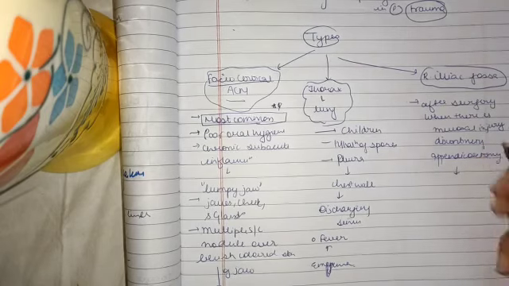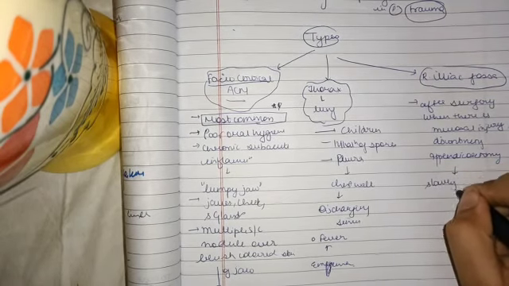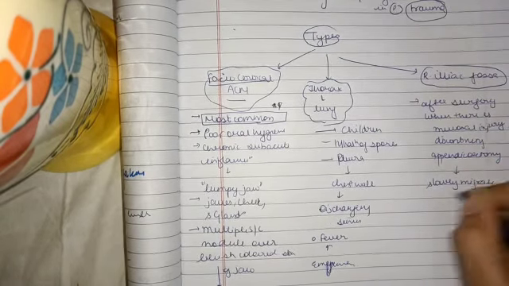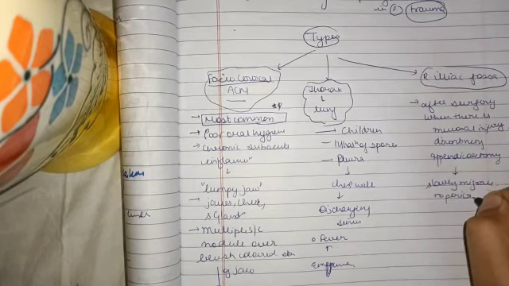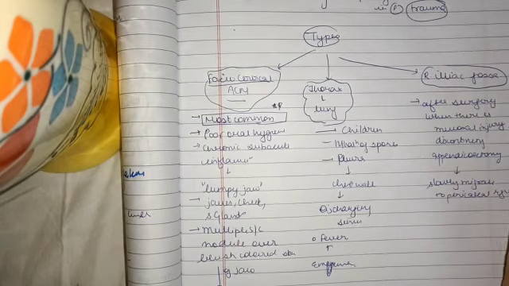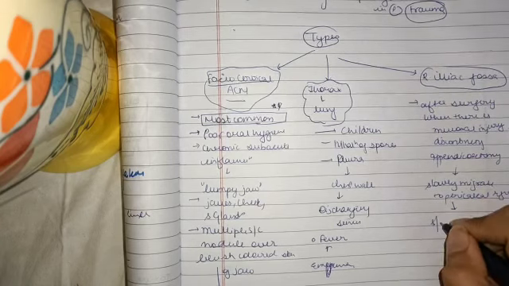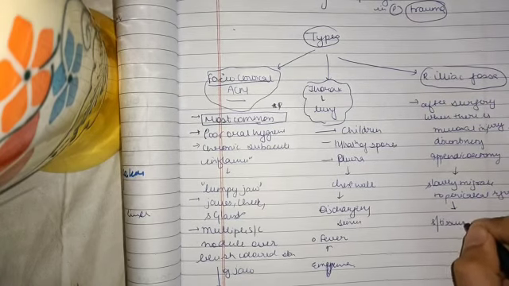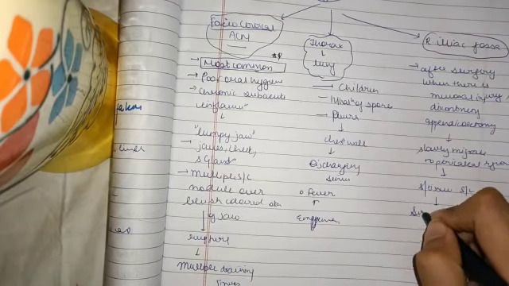What happens is they slowly migrate to the pericecal region. There they invade the soft tissue, the subcutaneous tissue, and then they cause suppuration.